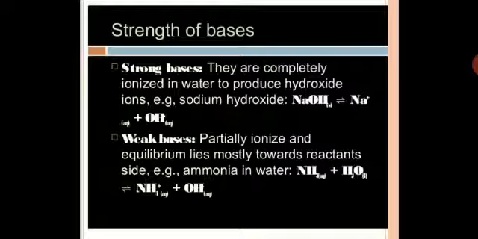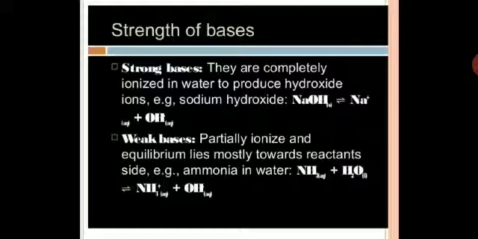Strong bases are completely ionized to produce hydroxide ions. For example, sodium hydroxide is a strong base. You can see in this equation the double-sided arrow, sodium hydroxide gives Na plus and OH minus, but more on the product side. This reaction will go more on the product side because it is dissociating completely to give Na plus and OH minus.